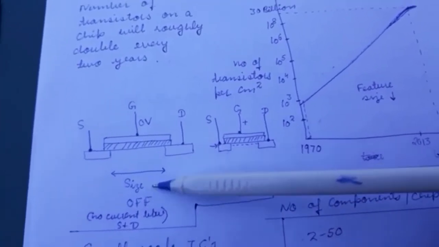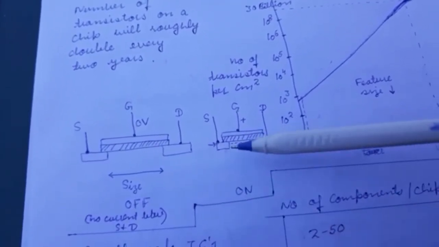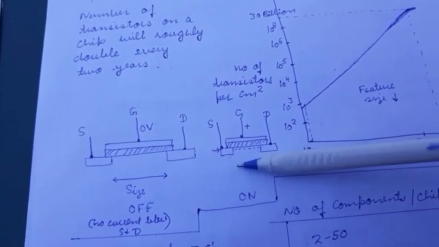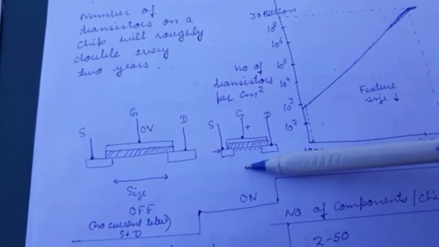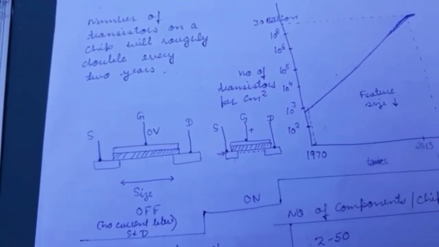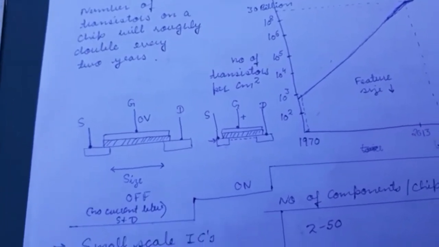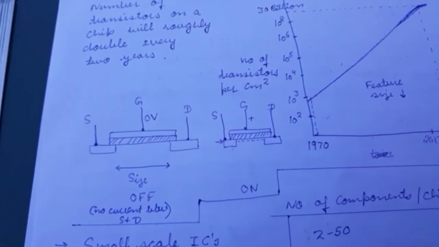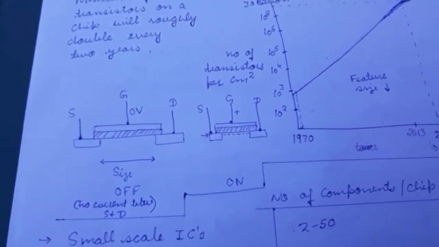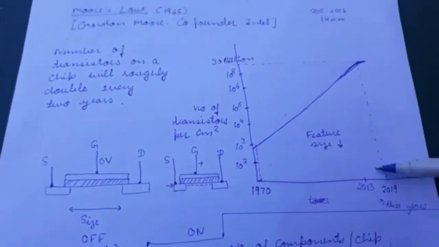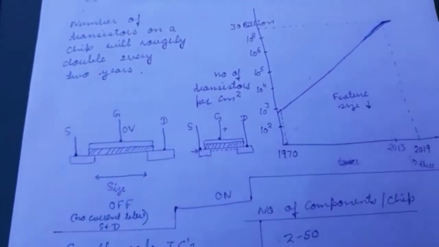This size cannot be lower than a few nanometers, because if it is very small, then quantum mechanical tunneling will occur, and it will be almost impossible to control the flow of electrons. And so the switching mechanism will not make any sense if the distance between source and drain is too small. So that is why the saturation of Moore's law is now taking place.